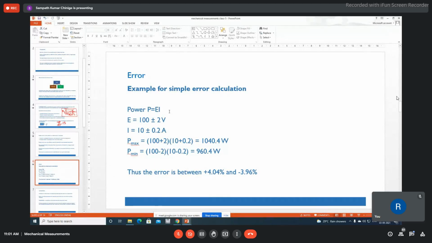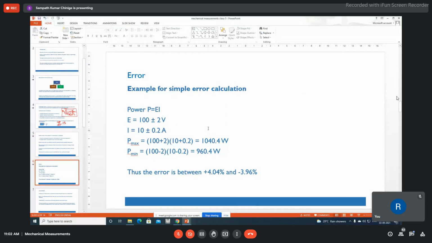So one of the simplest examples for this: you have a voltage which is specified as 100 plus or minus 2 volts. This plus or minus may be a summation of, for example, deviations that are happening. And similarly, the current is 10 plus or minus 0.2 amperes.